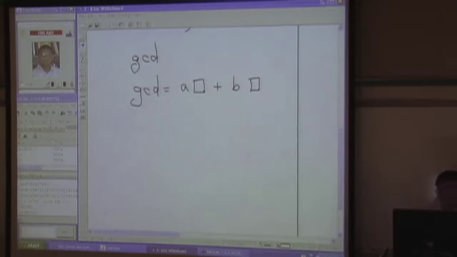So if you don't have a question, I will begin to cover the important part, proofs. But before proving the stuff, I will let you know the usage of this in calculation.